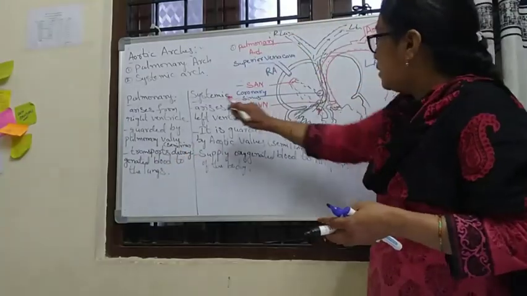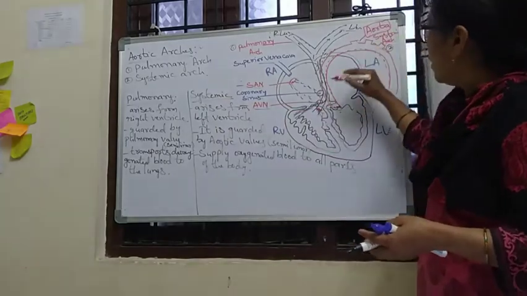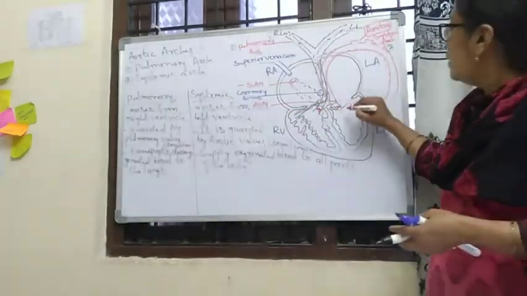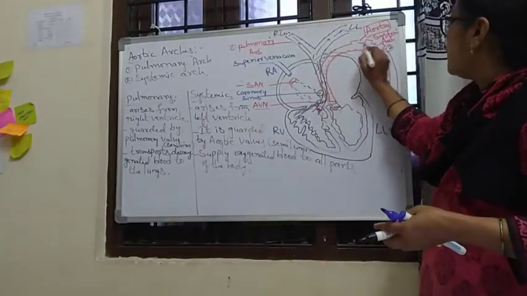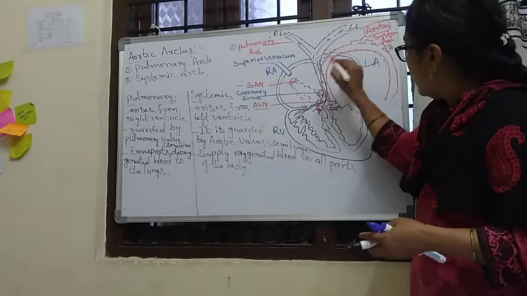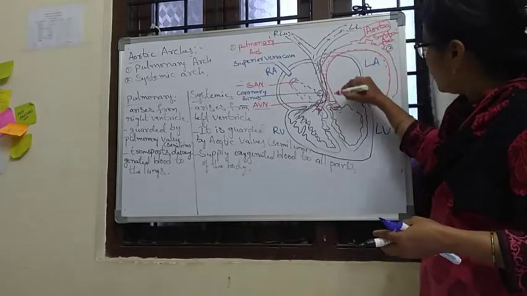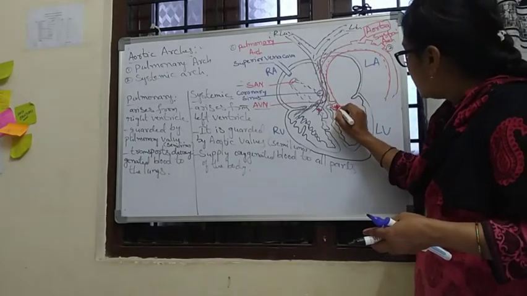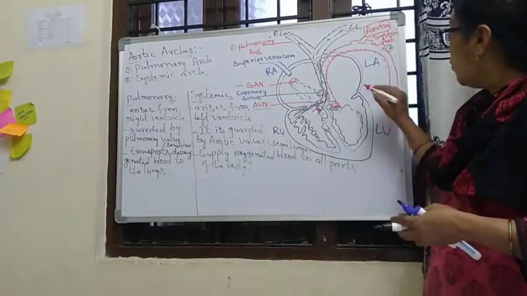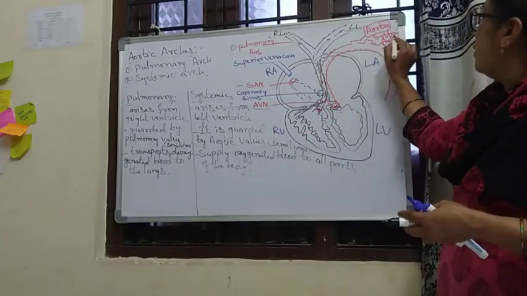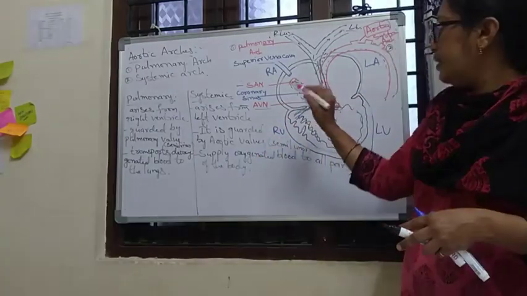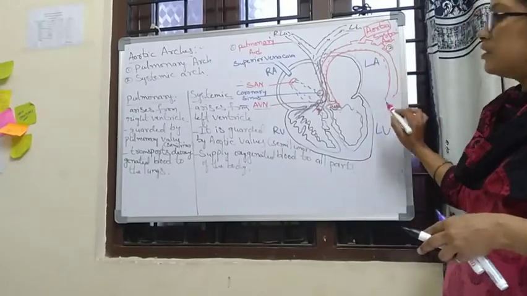Next, the systemic arch, or aorta, arises from the left ventricle and goes to the left side. It is guarded by semilunar valves called aortic valves. The oxygenated blood is supplied to all parts of the body.